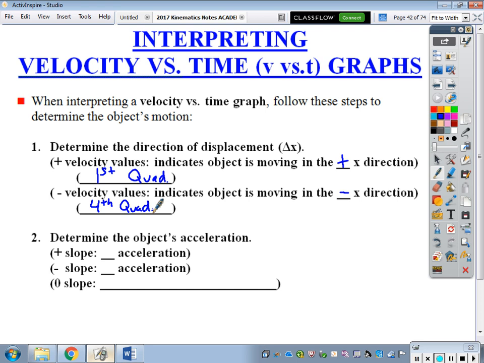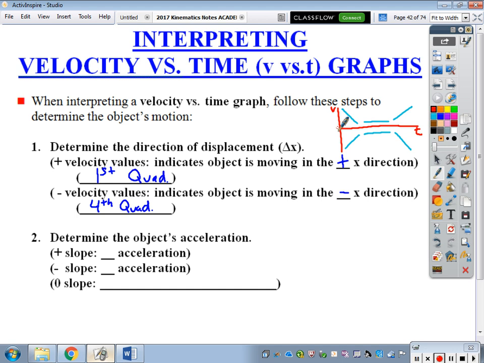Before we move on, let's just talk very quickly about why that's the case. If you think about a first quadrant on a velocity versus time graph, let me draw a quick one here on the board that has both the first and fourth quadrant, so a velocity versus time graph. Any data that would be graphed here in the first quadrant, no matter if it's any of these lines here, which you're actually going to see in a minute, no matter what's there, in the first quadrant we're all having positive velocity values.